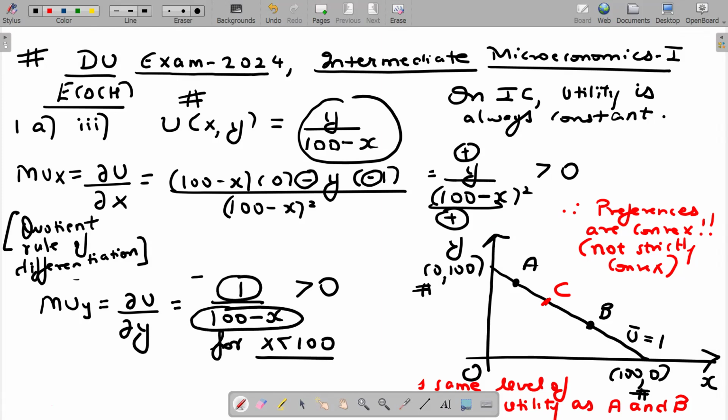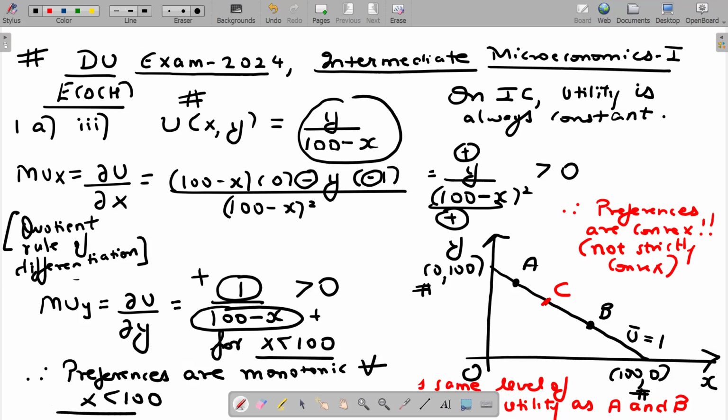The numerator is anyways positive. For the denominator to be positive, X should be less than 100. That means MUY is also positive for X less than 100. So I can say, therefore, preferences are monotonic for X less than 100. My answer is that preferences are monotonic for all values of X less than 100.